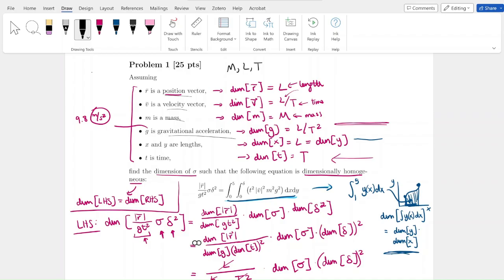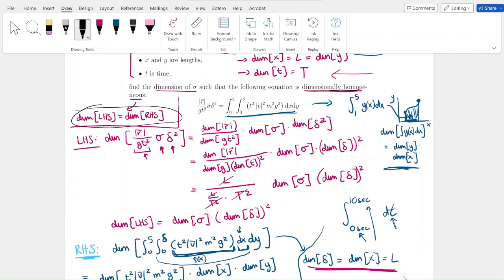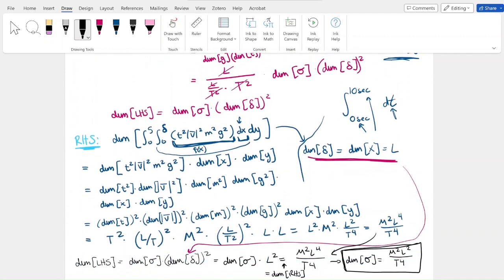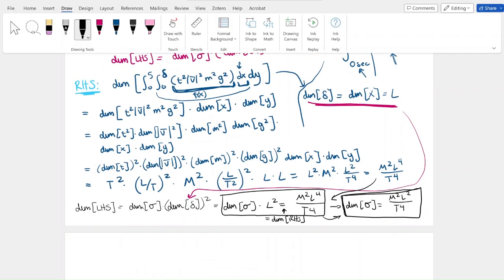And then to find if the equation is dimensionally homogeneous, we know that this has to be satisfied. So we find the dimension on the left-hand side, we find the dimension on the right-hand side, apply our rules that we know about dimensional analysis, and we're able to set equal this final expression, which helps us solve for the dimension of sigma.